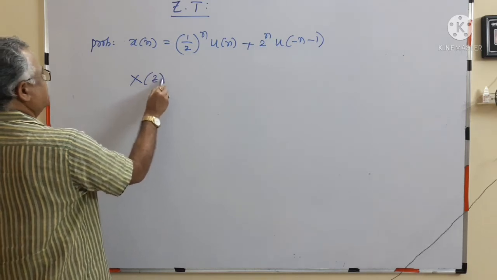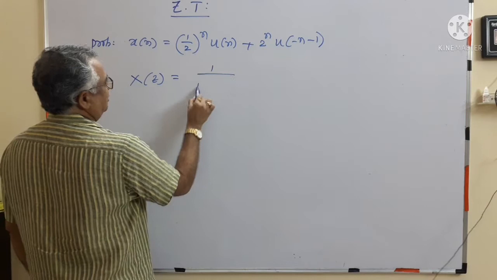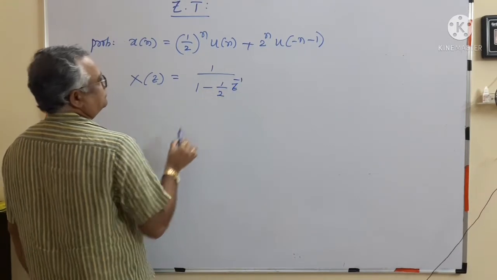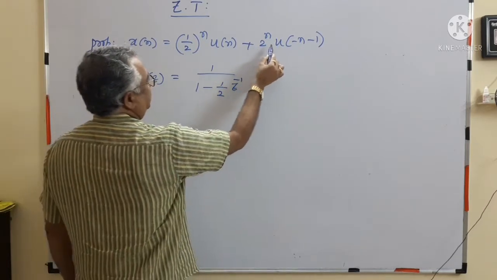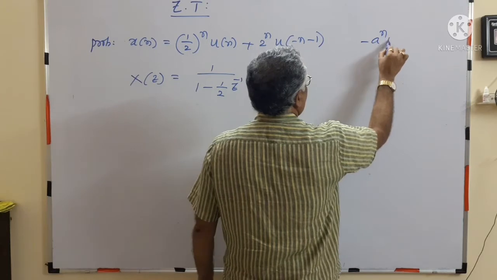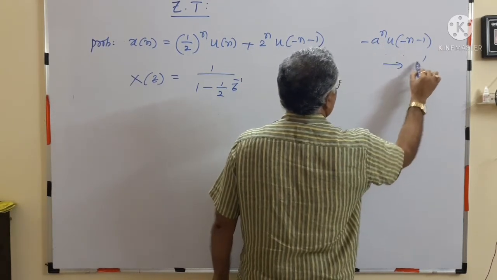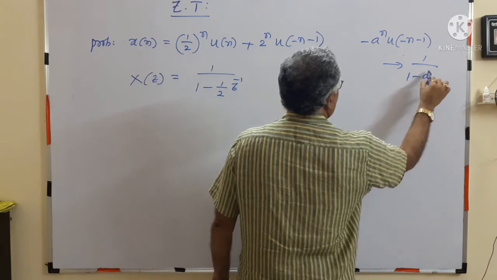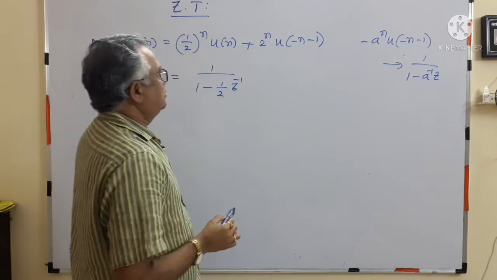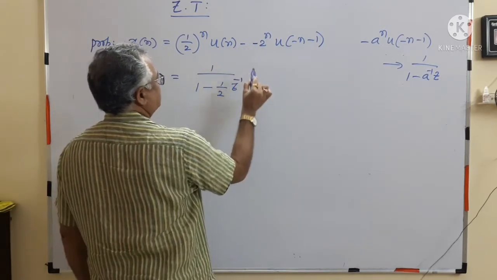X of z is, it is a right-sided one, 1 by 1 minus 1 by 2 z inverse. And here, remember this, minus a power n u of minus n minus 1 has z transform 1 by 1 minus a z inverse. But here plus is there, so it is minus of minus.